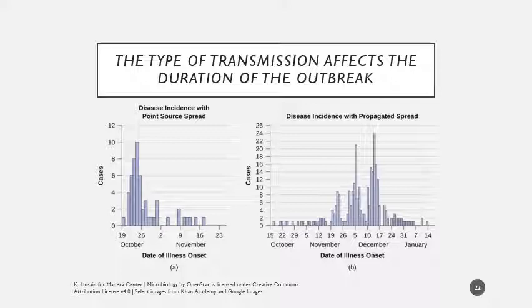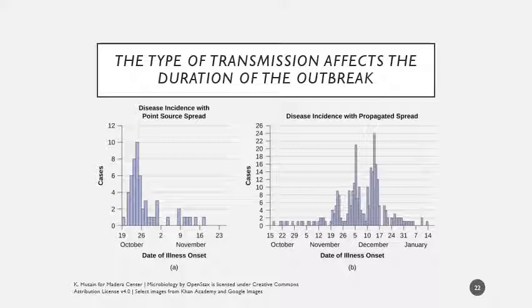It's just kind of like an isolated incident. And so with this particular one in the bottom left, it's showing disease incidence with point source spread. It's just kind of sporadic. It's not happening consistently. And it's maybe decreasing over time as you figure out where this is coming from.